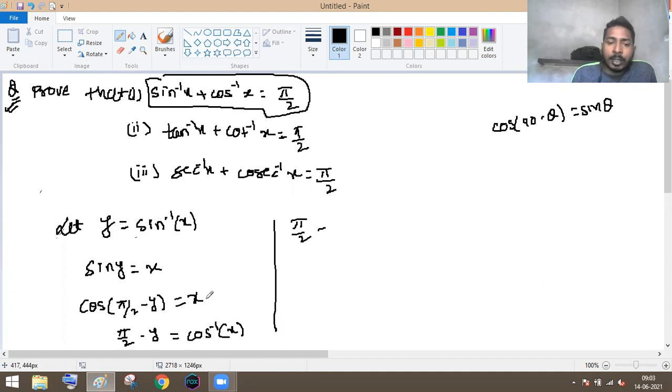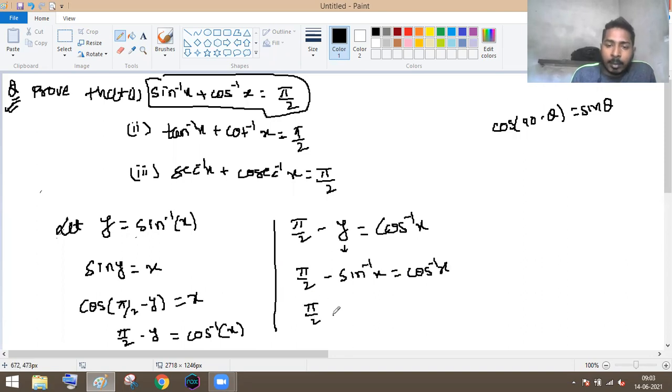So pi by 2 minus y, what is y? We got pi by 2 minus y equal to cos inverse x. But I can write y is basically sin inverse x. So pi by 2 minus sin inverse x equal to cos inverse x.